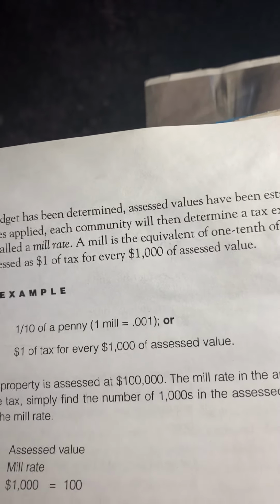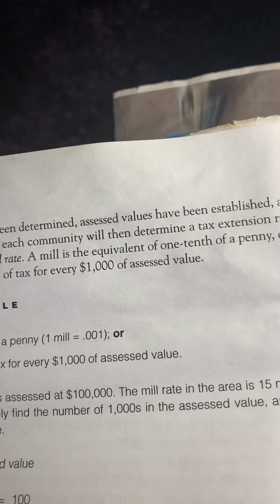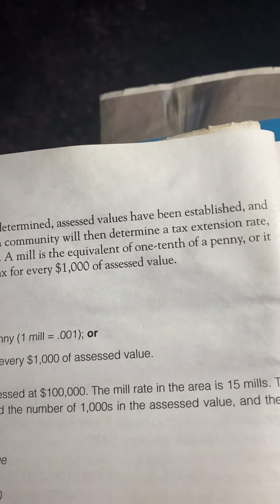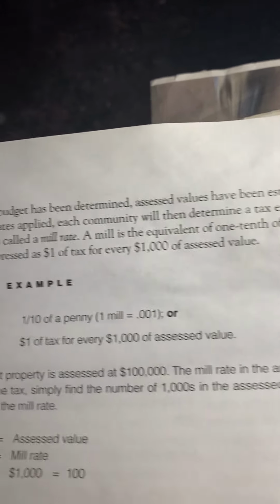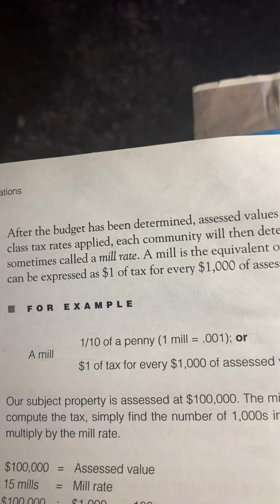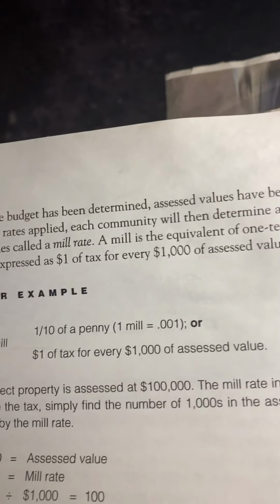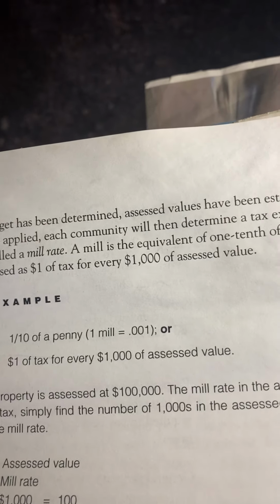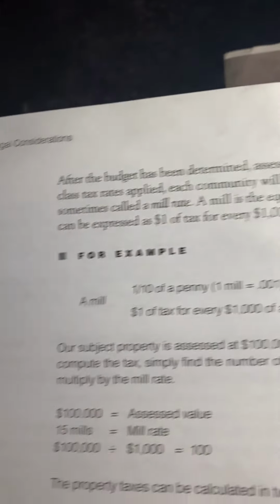A mill is the equivalent of 1/10 of a penny, or it can be expressed as $1 of tax for every $1,000 of assessed value.